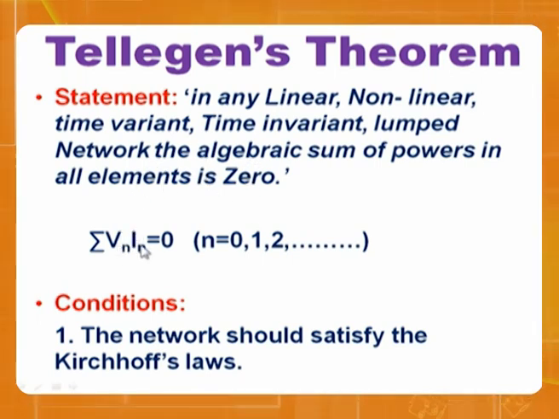That means the sum of Vk times Ik, because Vi is the power, over the number of branches, the algebraic sum, is 0. Actually, in every circuit you can check this, but checking every time is a waste of time. So only once or twice we check it and enjoy this theorem, and that's why it is called Tellegen's theorem.